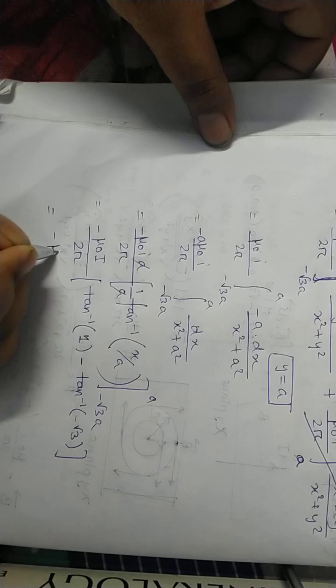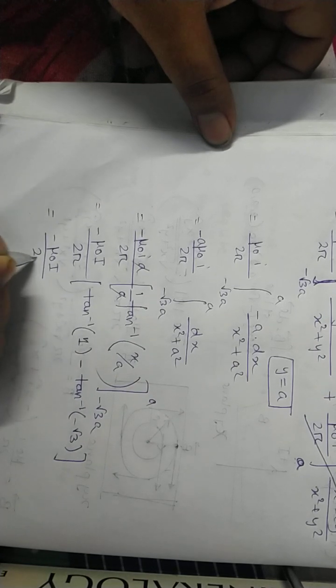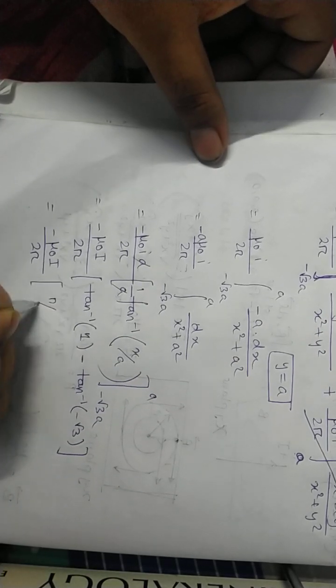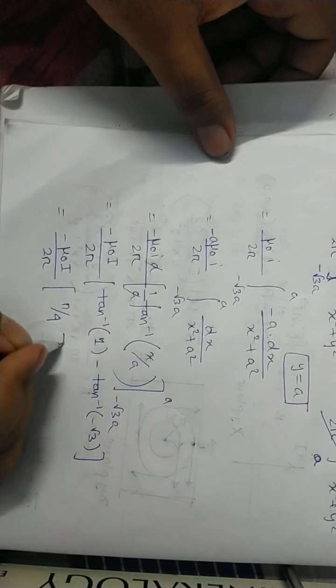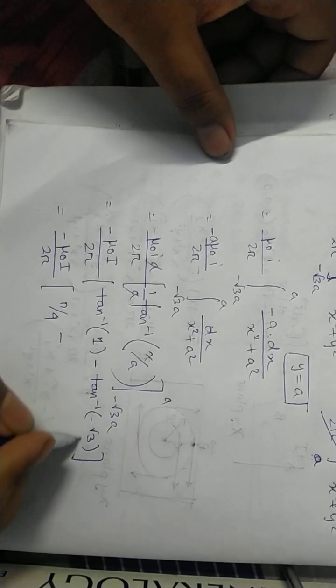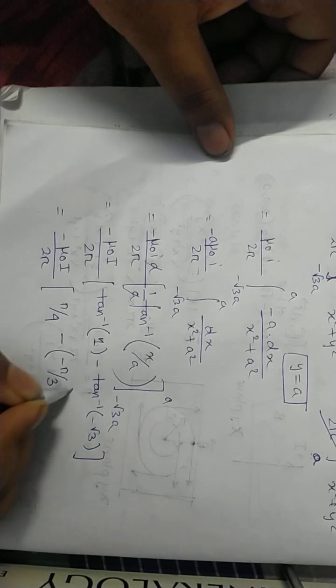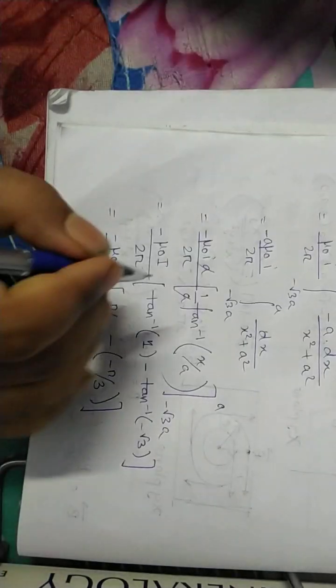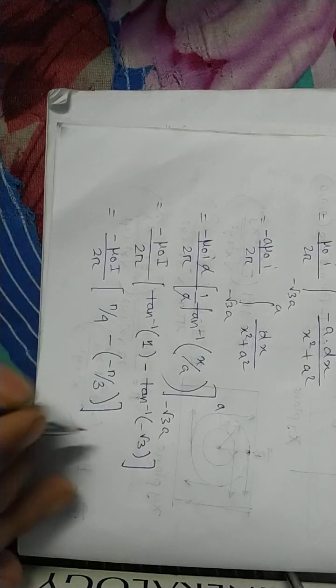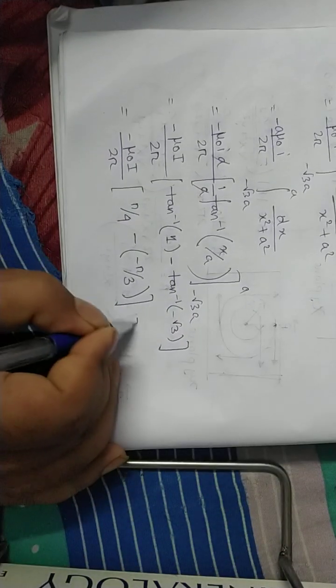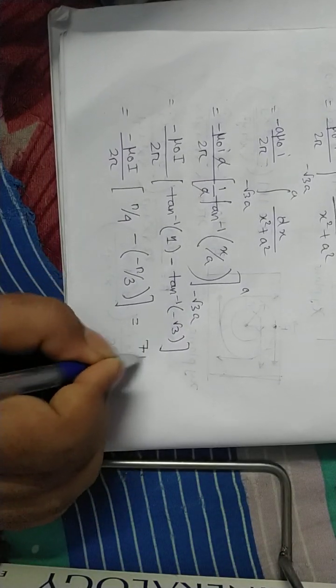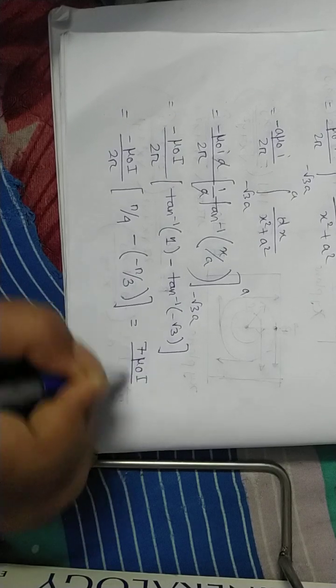So we have minus mu naught I by 2 pi times this, which can be given as 7 mu naught I by 24.